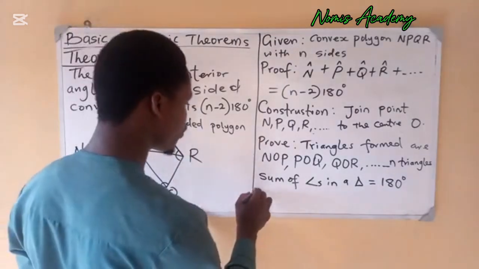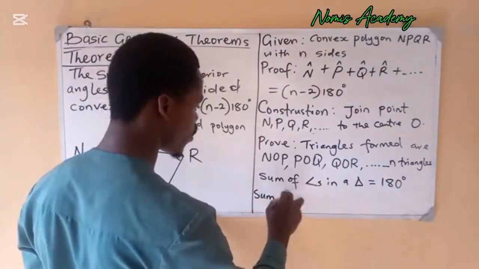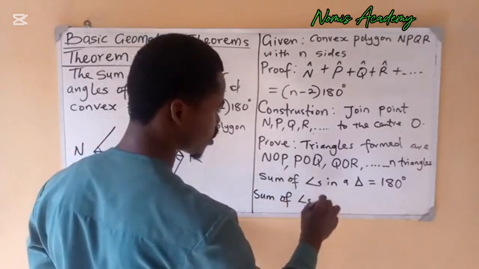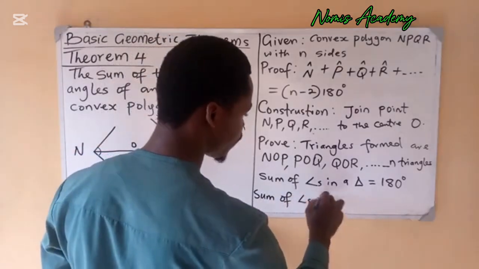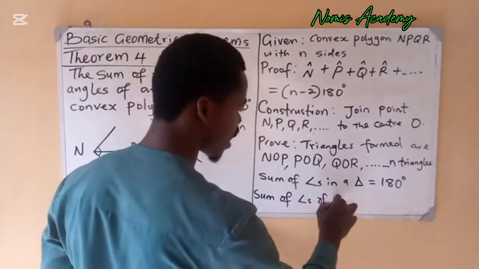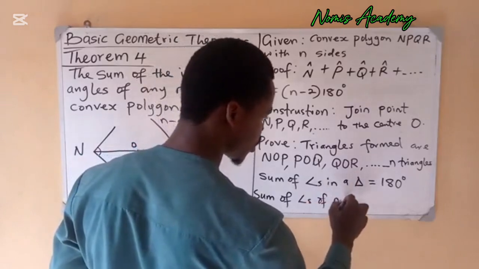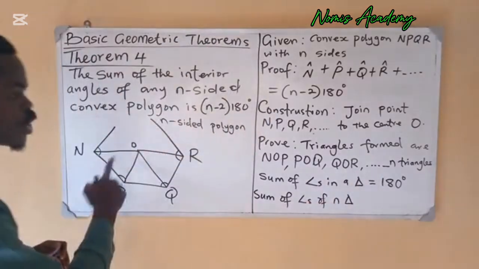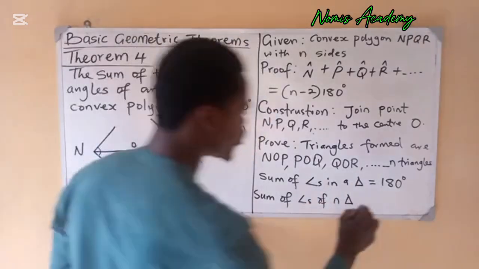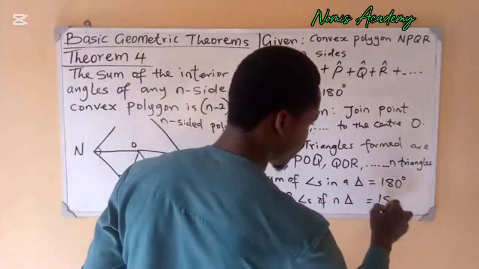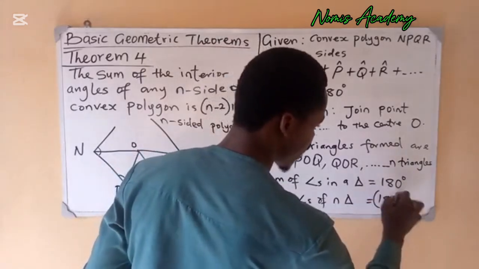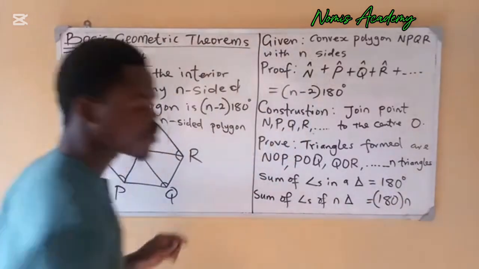Now, the sum of angles of the n triangles would be 180 multiplied by n.